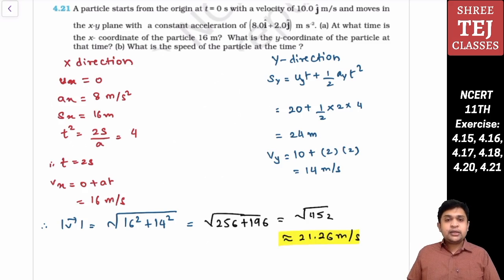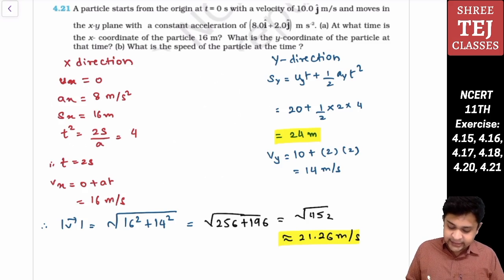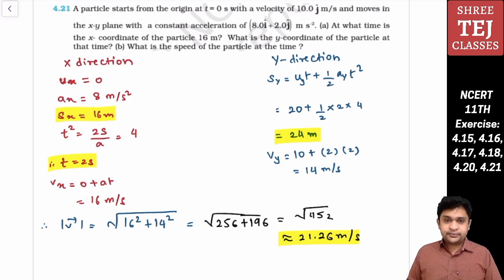So this is the speed of the particle at 2 seconds, and this would be the y coordinate at 2 seconds, and time 2 seconds was calculated when the x coordinate was 16.